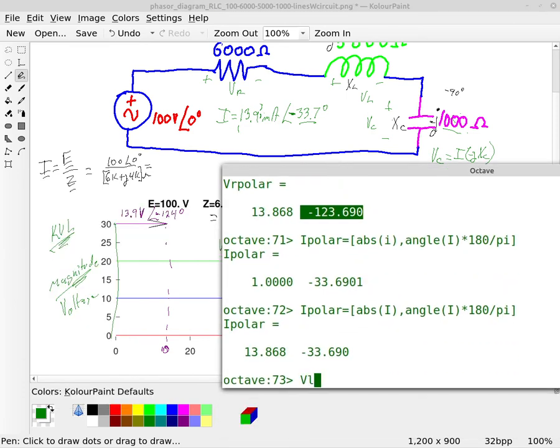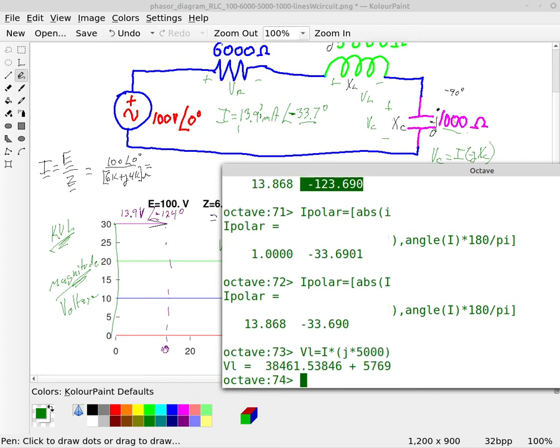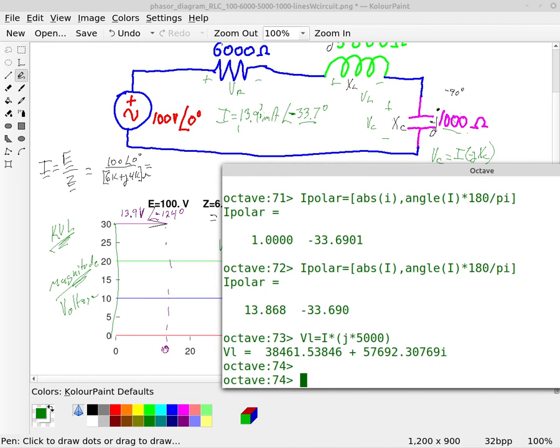So I can say VL is equal to I times J times 5,000.